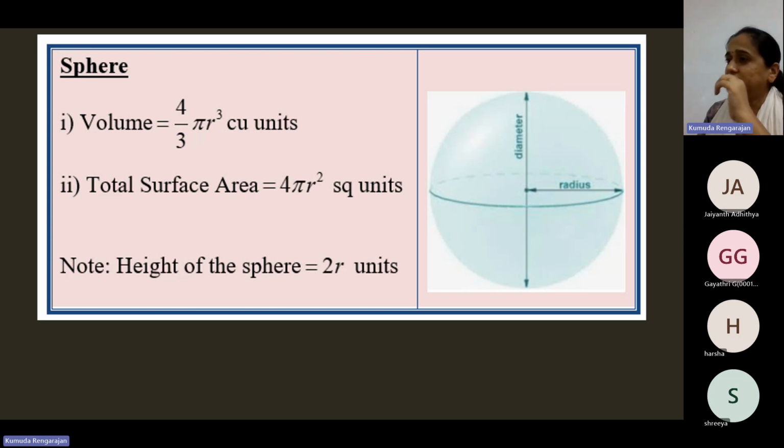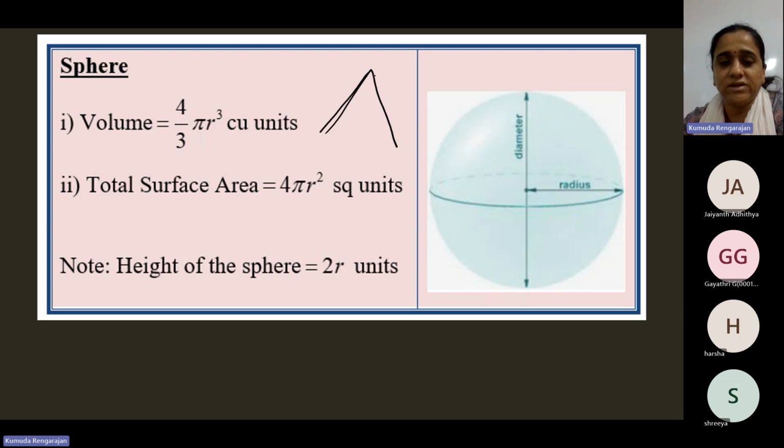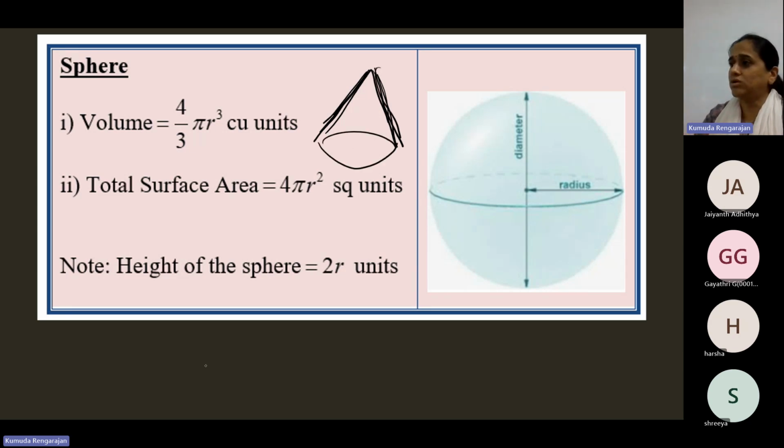But which is the curved surface area? This one is the curved surface area, right? And if you take this one and the area of the circle together, then that's the total surface area. Because you can distinguish two different surfaces in a cone, the flat surface and the curved surface.